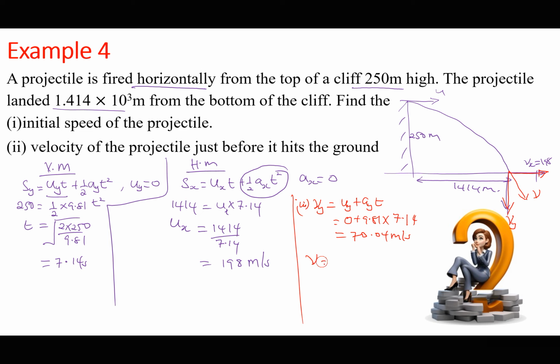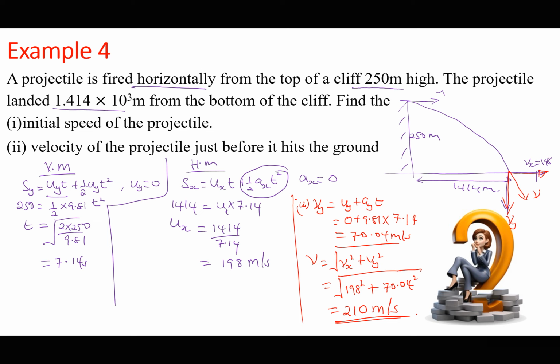Then the resultant velocity is the square root of velocity in the horizontal squared plus velocity in the vertical squared, which will be the square root of 198 squared plus 70.04 squared. So this is 210 meters per second. You can also verify.